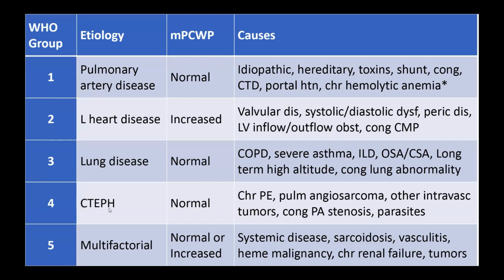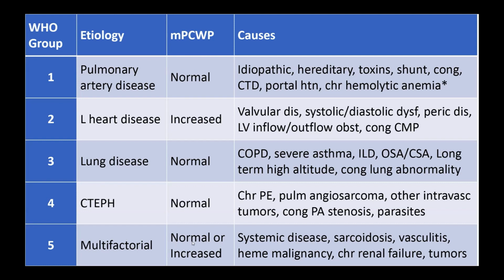Pulmonary hypertension group 5, multifactorial, is the basket where you throw everything else in. Most likely granulomatous diseases, systemic diseases, renal disease, tumors other than pulmonary artery tumors can cause this.